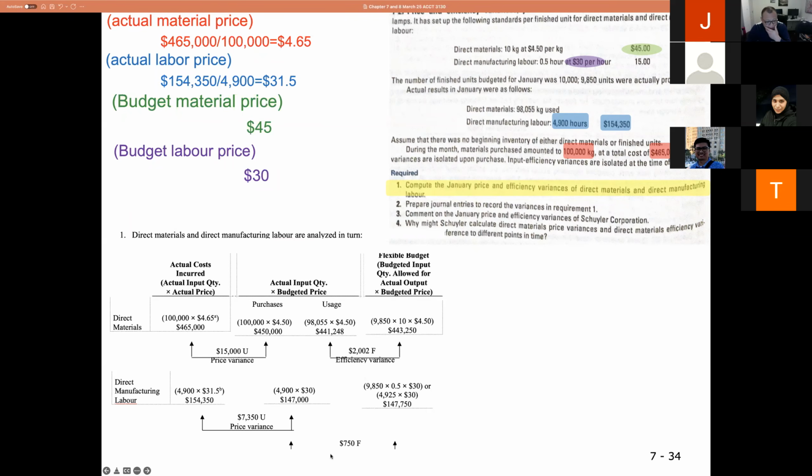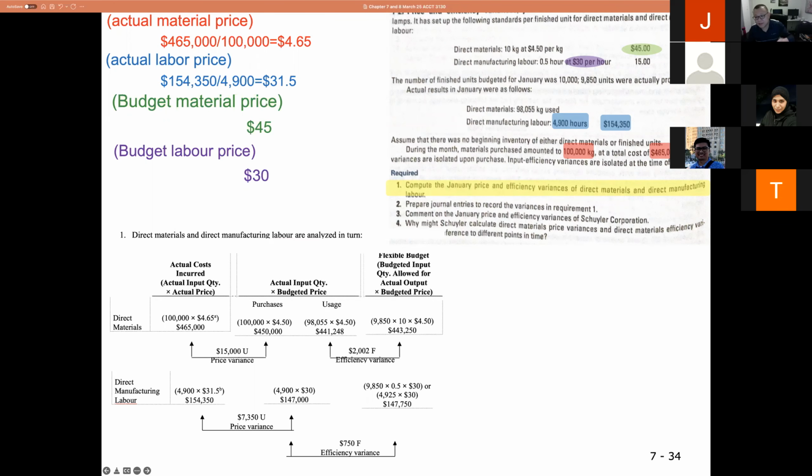But take a look at this, right? This favorable variance is 750. This one is 2,000. These numbers are not that significant, right? So the whole point here is sometimes we are trying to make some conclusions.